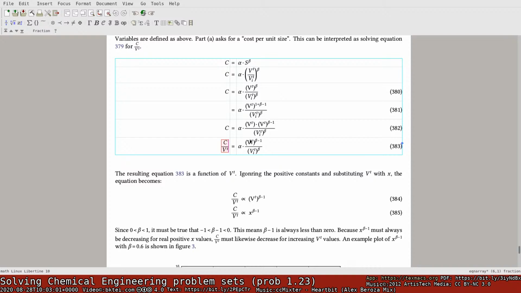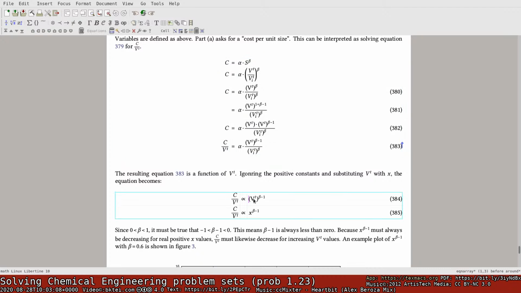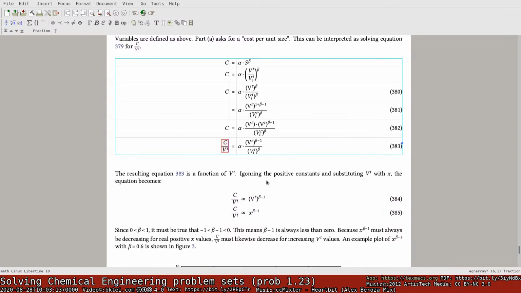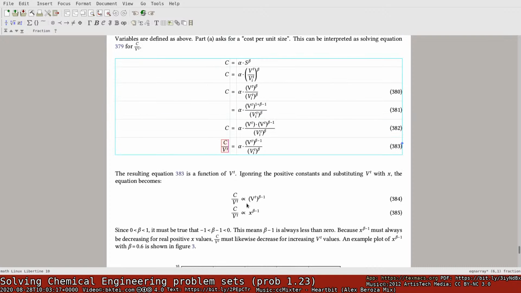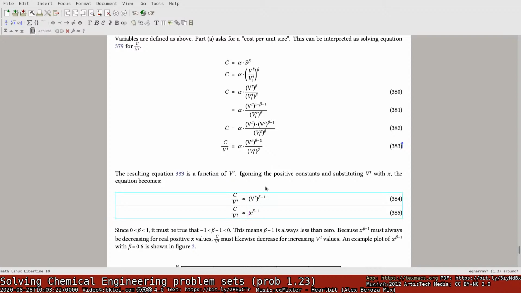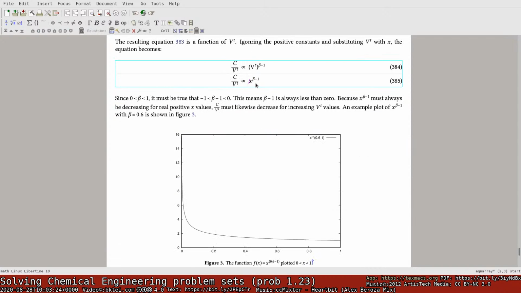We are just showing that as your total volume of the equipment increases, this ratio goes down. And that can be shown by saying, if V of t is, say, x, then x raised to some negative number, because beta minus 1 for the range we're considering must always be negative, will be decreasing.